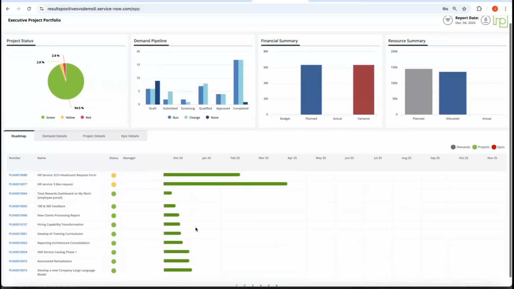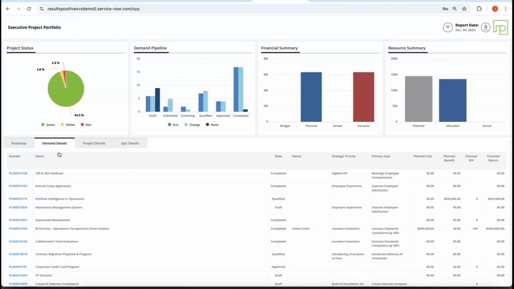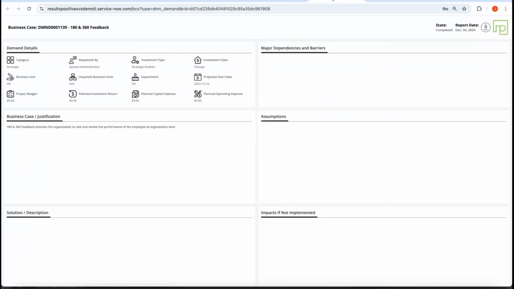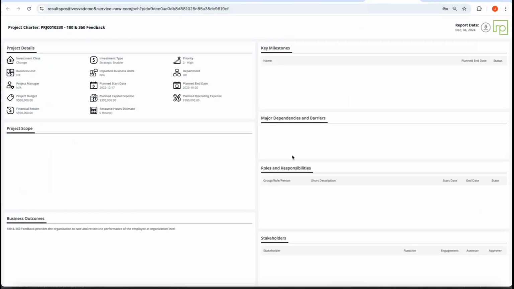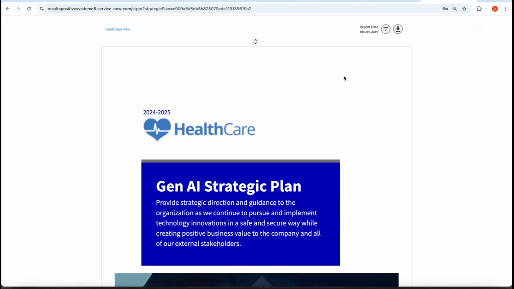And I can see the overall roadmap here. We can look at your demand details. I can click into this here and I can see the business case here and details associated with that. On my projects, I can pull up here and I can look at the overall project charter as an example. And then over here, going back to that strategic plan.